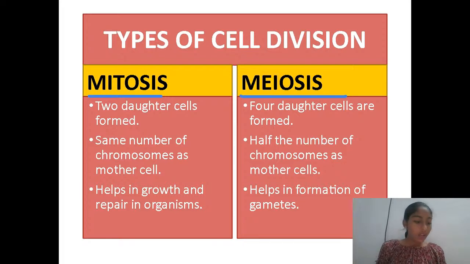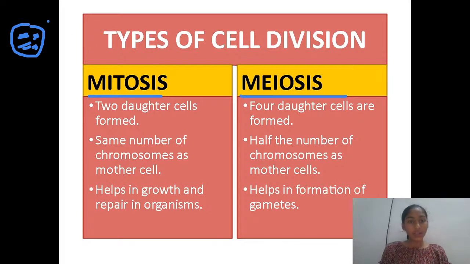Okay, in mitosis, assume that this is the mother cell with four chromosomes, and from it two daughter cells are formed. So two arrows. Two daughter cells are formed. How are the daughter cells? They have the same number of chromosomes as the mother.